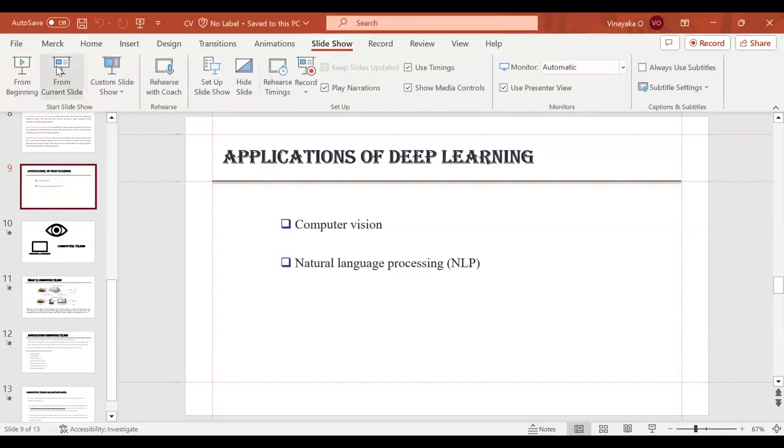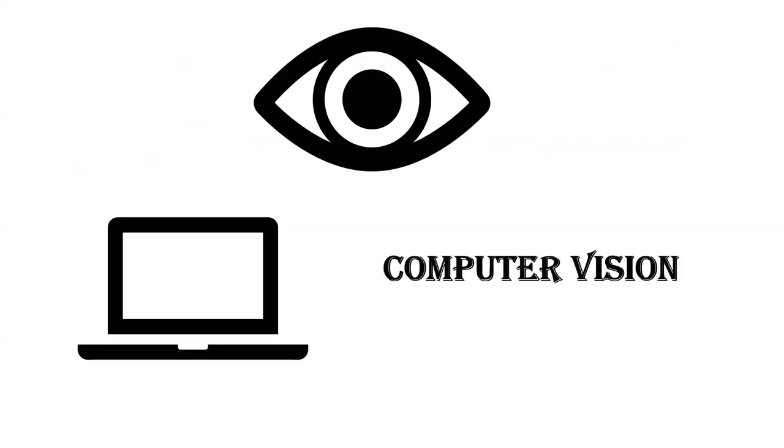Just a second. What is this symbol about? This is an eye, right? And this is a machine, a computer. So a computer with this eye, you can call it computer vision.